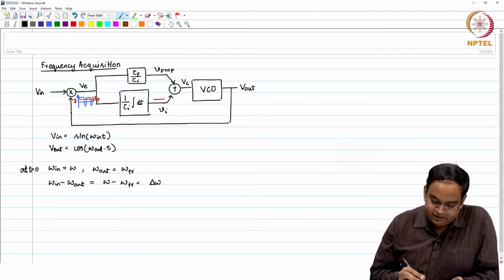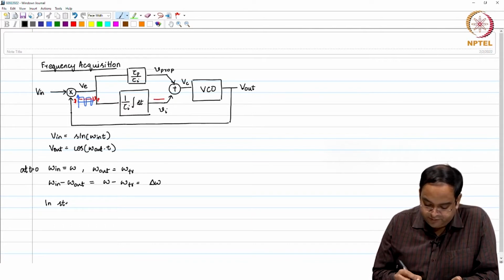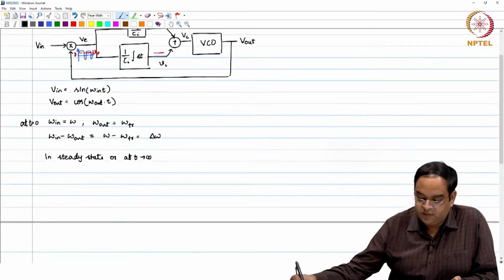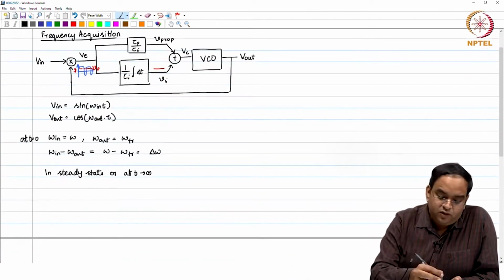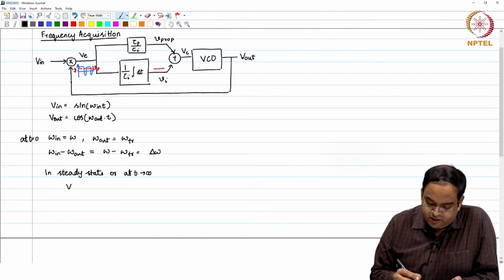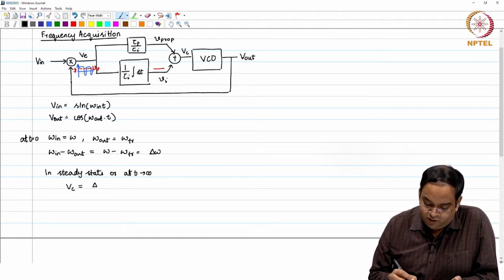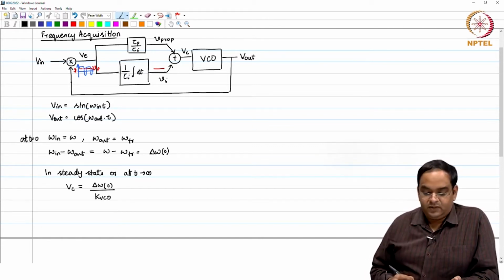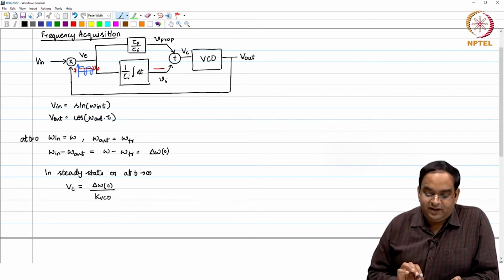In steady state, or if you want to call it at time t tends to infinity, what you are going to have is control voltage Vc equal to your delta omega, which you see at the beginning. So, I will write here delta omega 0 divided by k VCO, in the final state.